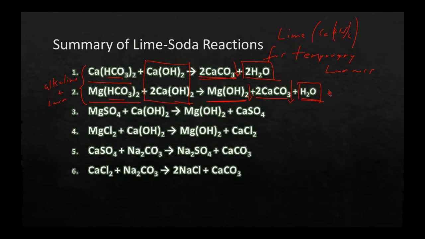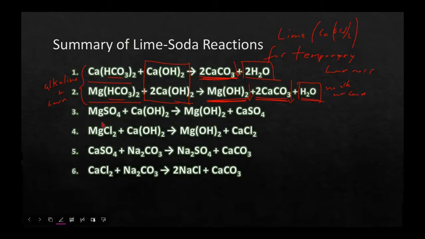Well, that's it. There's no alkalinity, no hardness at this point. Anything that caused alkalinity has been eliminated through this chemical reaction. But what we do have is calcium carbonate flock, and we've got magnesium hydroxide flock, and that's all precipitated, and we're going to have to get rid of that.